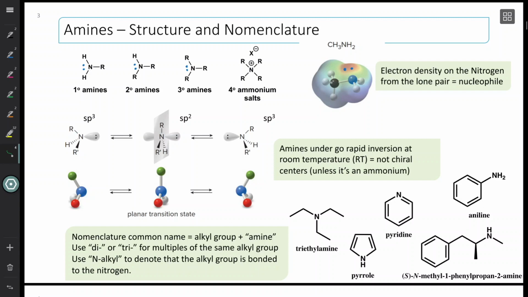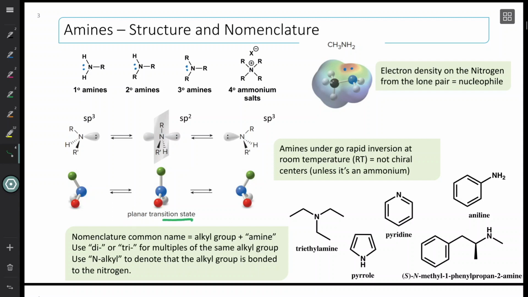But at room temperature, it takes only about 5 kcal per mole to interconvert. So most of the time, amines are inverting via this planar transition state.